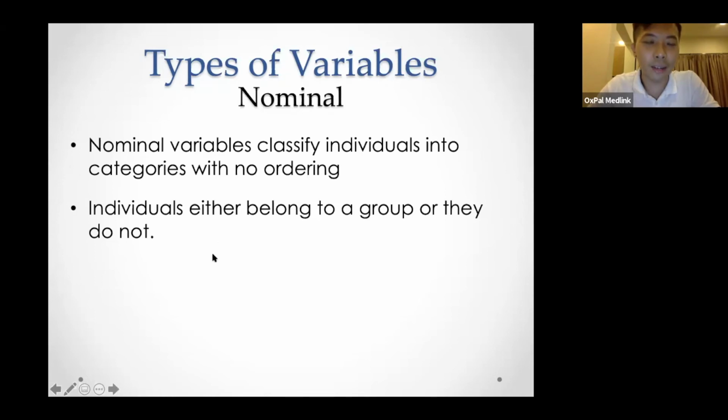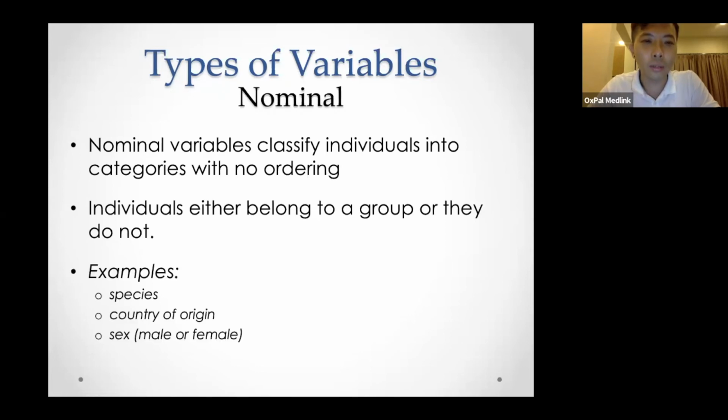This is the characteristic of categorical. There's no ordering. For example, species: it's not as though one species is more than another or better than another. The country of origin as well, there's no first, second, third, and sex as well, male or female. All these are nominal variables.